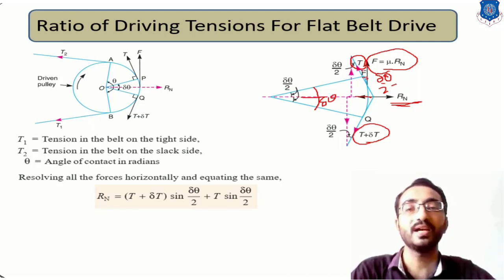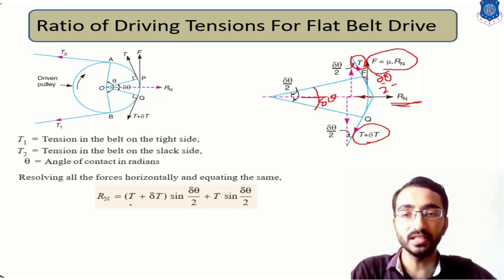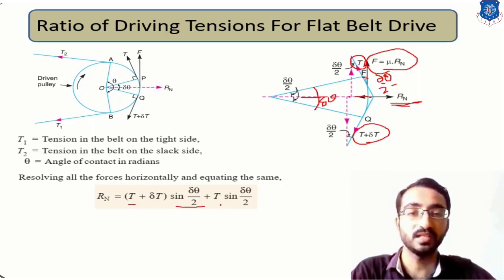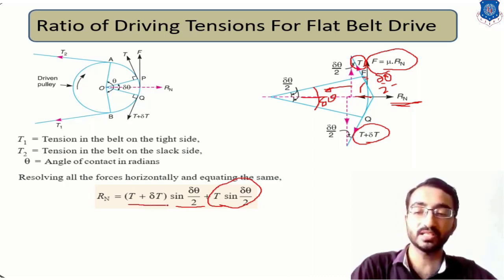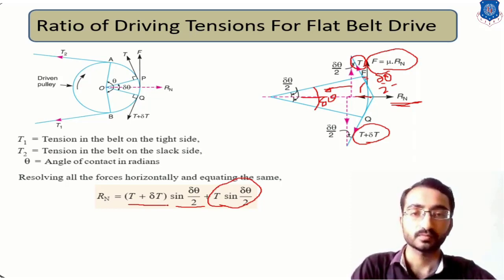So we have to consider the component of this T as T sin delta theta by 2, that is the horizontal component of this force. Similarly, for the bottom section, the second component, that is T plus delta T into sin delta theta by 2.